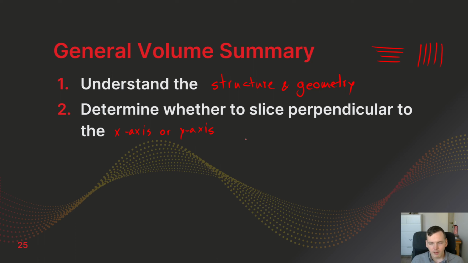The way you do that is by imagining, if you understand the structure and geometry, what it's going to look like, and then asking which of these slices gives me the same kind of shape, either all discs or all squares or all triangles, etc. And this will give you either dx or dy respectively.